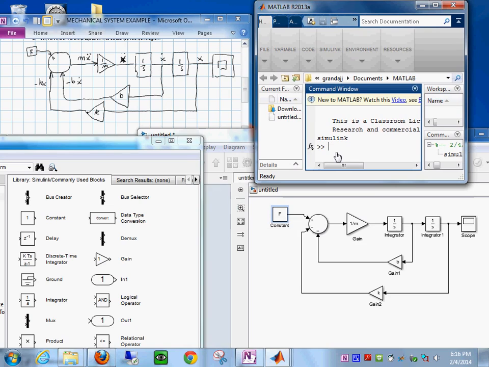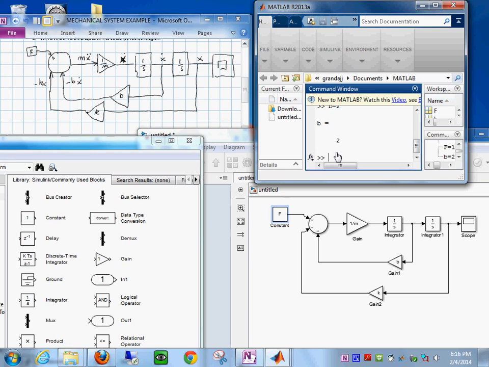For example, I'll say f is equal to 10, the input, and b is going to be equal to 2.